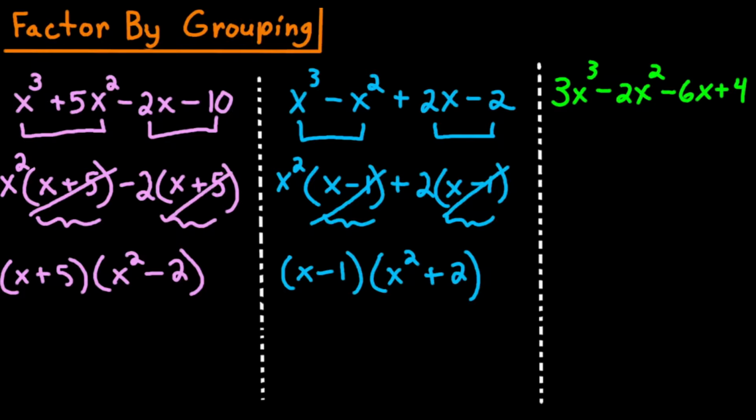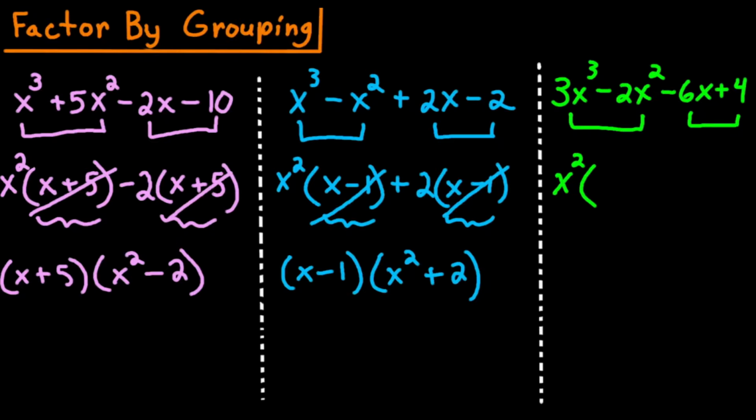Okay, so lastly, let's go ahead and do 3x cubed minus 2x squared minus 6x plus 4. And what do they have in common? Well, the 3 and the 2, there's nothing you can do with that. What about the x's? Yes, once again, we can take out 2 of those x's, so that's x squared. We could take out x squared from both.